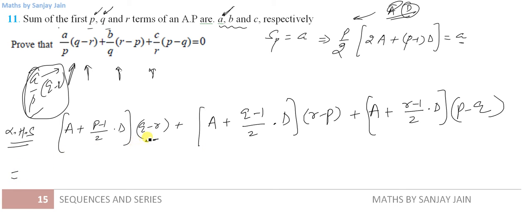So let me do that. This is Q minus R. When I multiply it with A, it will be AQ minus AR plus P minus 1 by 2 into, if I can keep them like this, I'll be able to take D as common from everywhere.